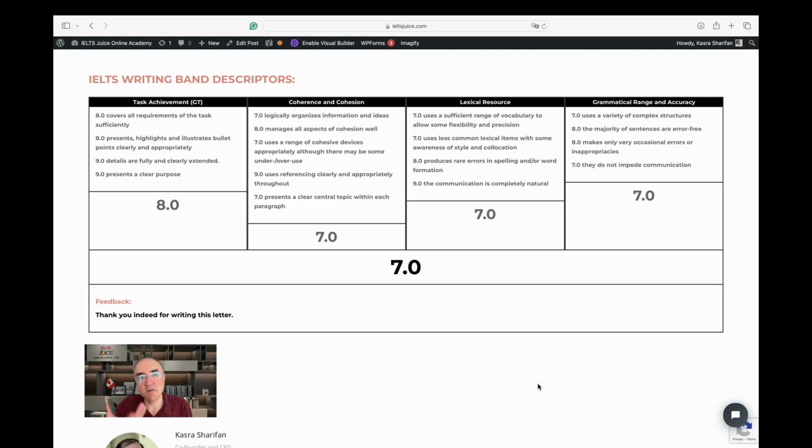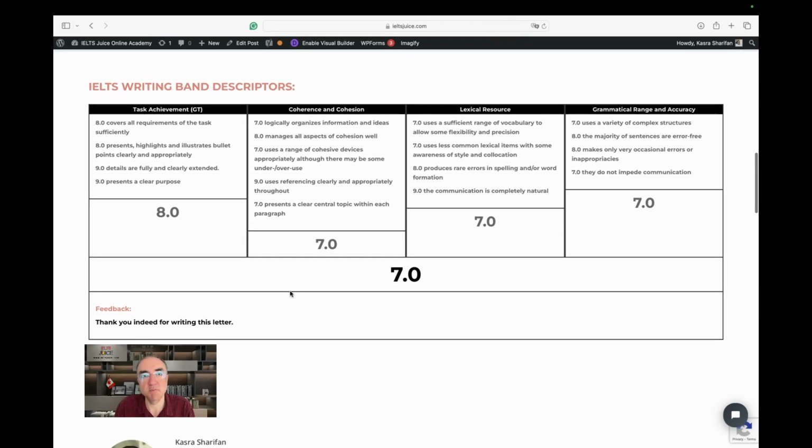Coherence and cohesion, everything is logical. The introduction started by thanking and saying some good stuff. So the introduction immediately started answering one of the bullet points. The introduction was not designed in a way to cover the entire letter, but still, it's not something bad. It's just not sequential. It is definitely logical.